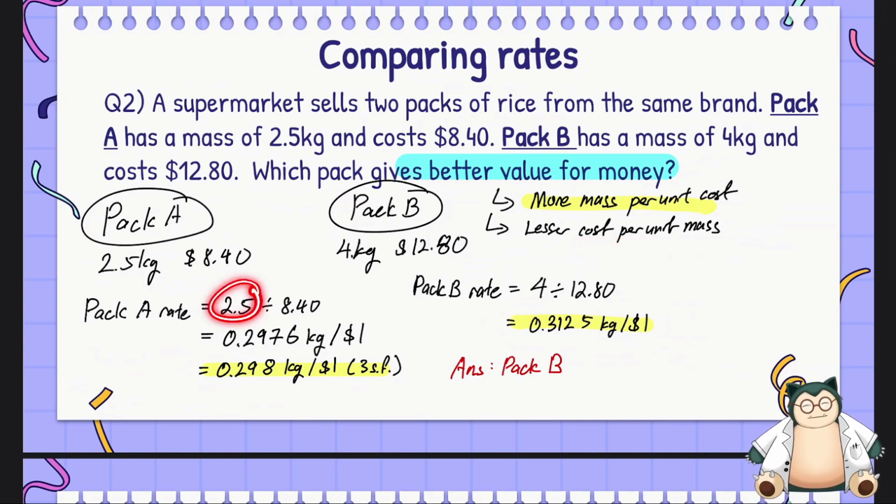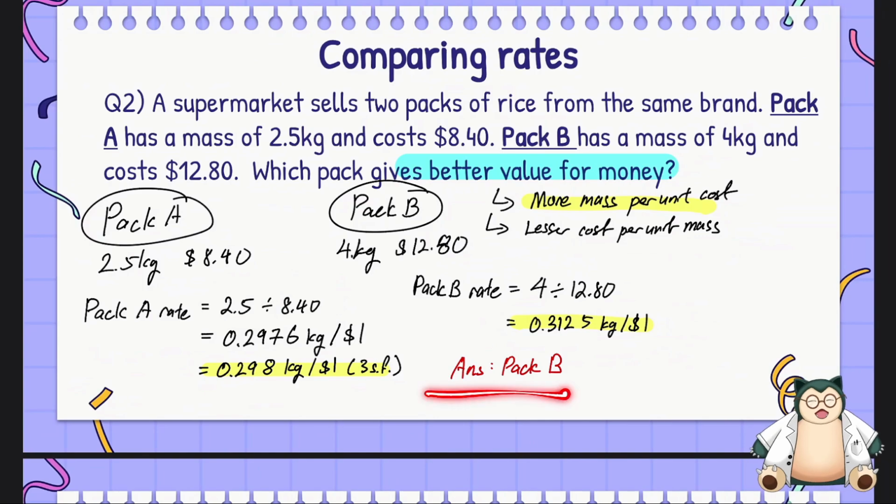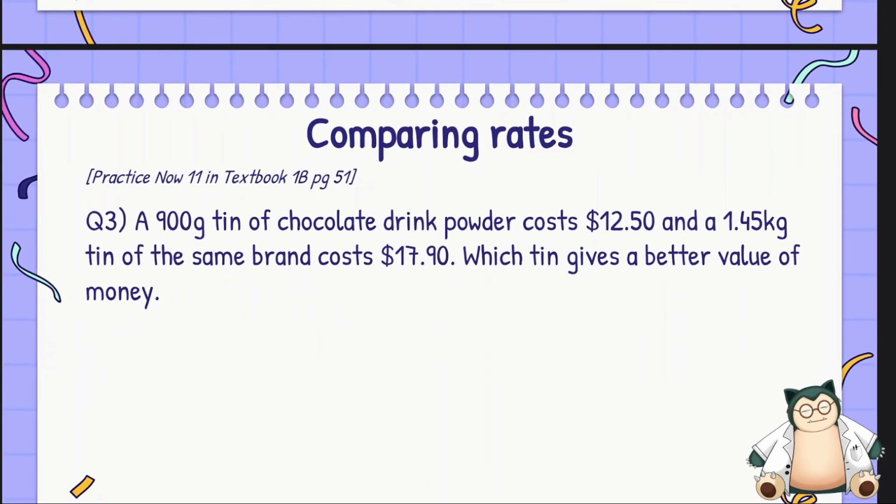Instead of 2.5 divided by 8.4, we take 8.4 divided by 2.5, to find the amount of dollars for each kg of rice. Both work as well. However, it depends on what you want to compare. As long as you get the same answer, pack B, it should be fine. Okay, let's look at this.